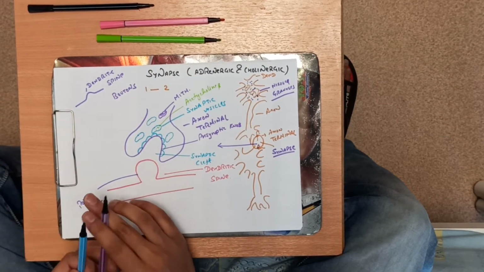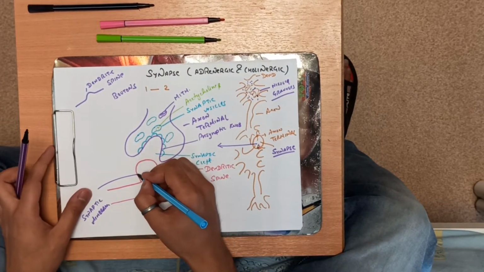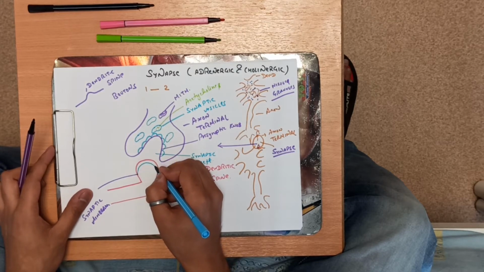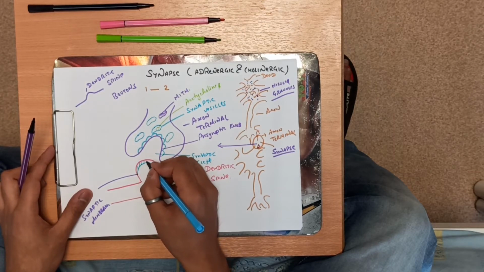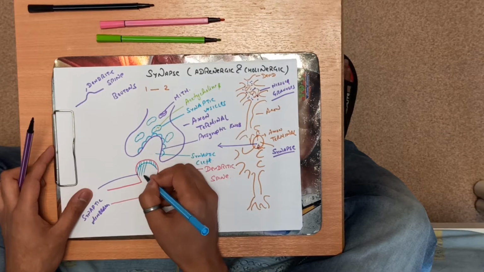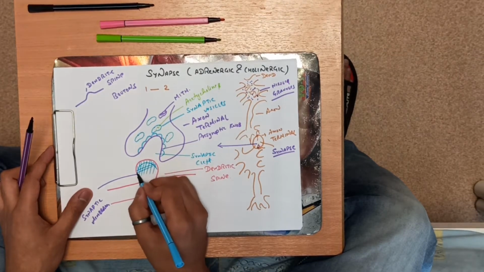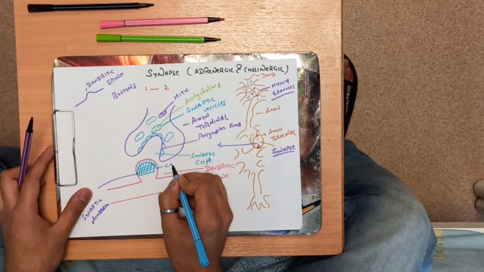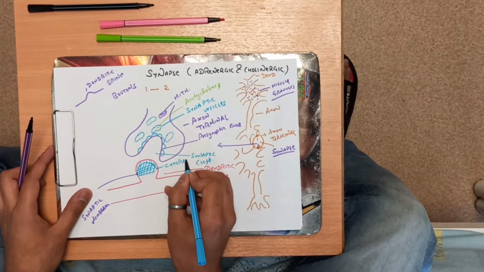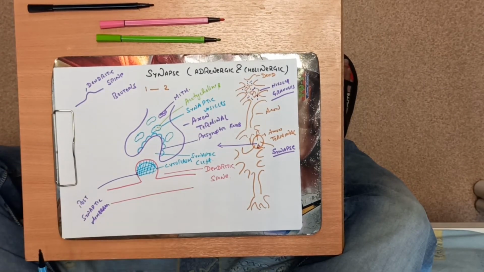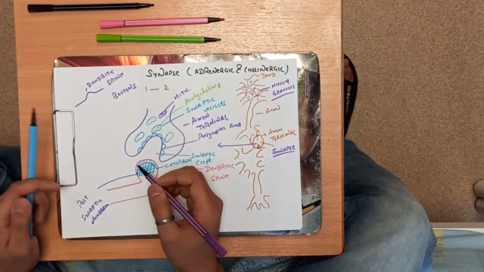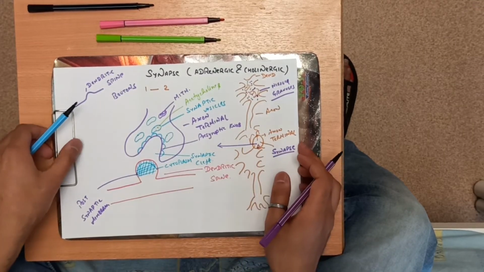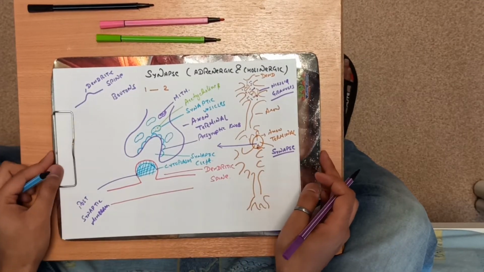On the postsynaptic membrane, the cytoplasm arrangement is web-like. This whole part is the cytoplasm.